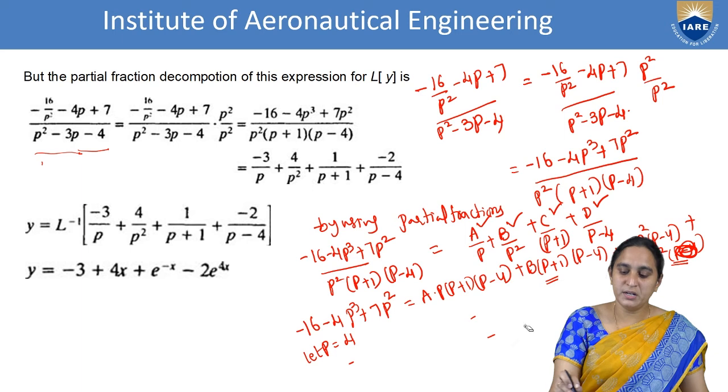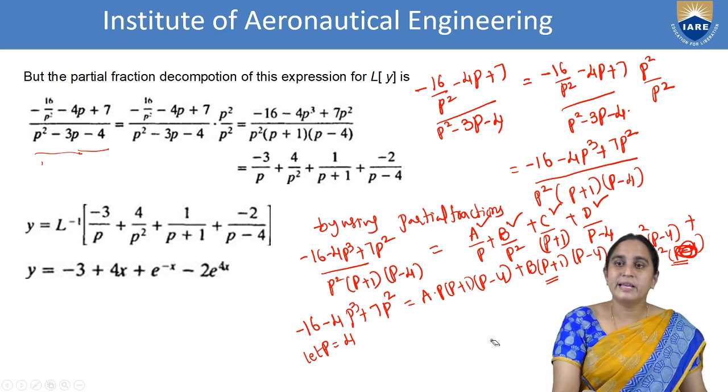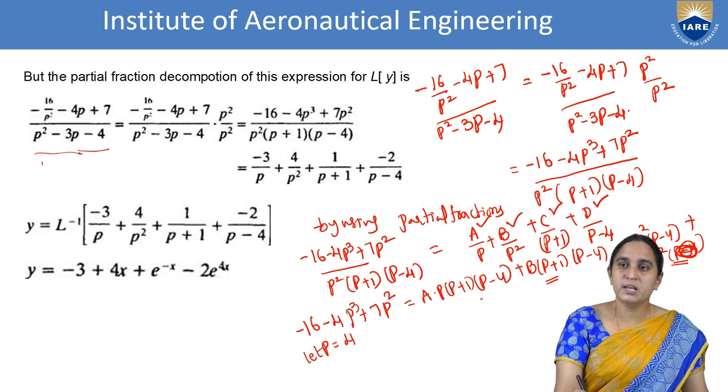Once again, if you are taking p equal to 4, directly substitute p minus 4 is 0, so A is 0, B is 0, C is 0 and what remains is D of p square into p plus 1.